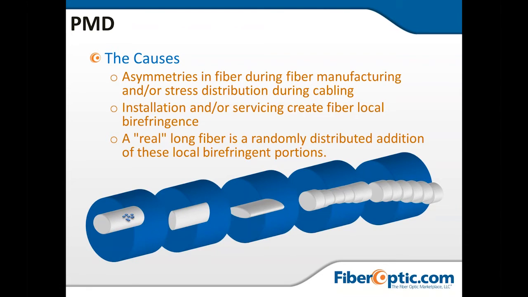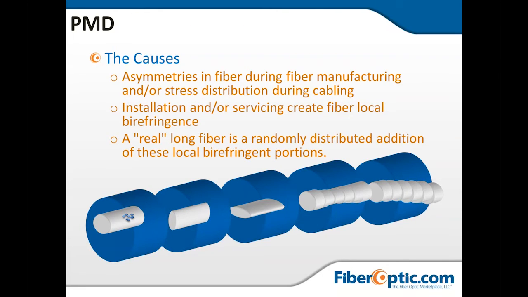And if we have any kind of asymmetries in the core, if we have any stresses during the distribution or during the installation, we can add stresses to the core cladding boundary that will cause one polarization mode to move at a faster rate, or more appropriately, one of them to be delayed. So that's polarization mode dispersion.